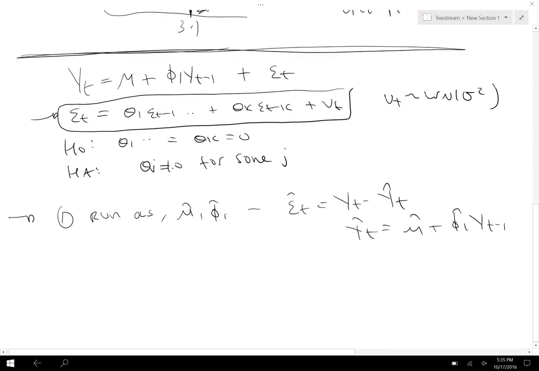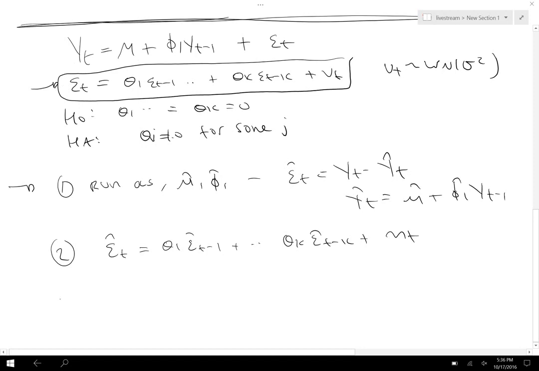Then we can just run this regression and do an F-test. So we can regress epsilon hat t on theta 1 epsilon hat t minus 1, and so on, plus, again, some error.